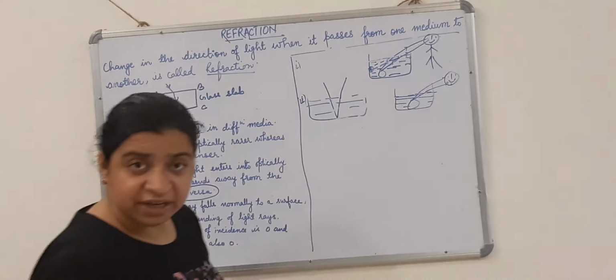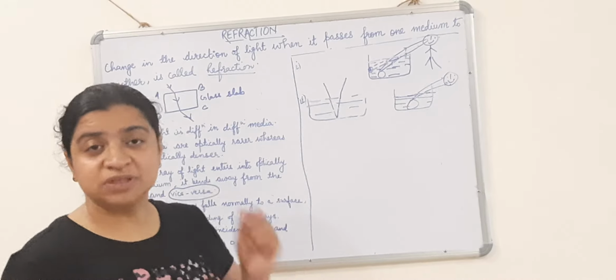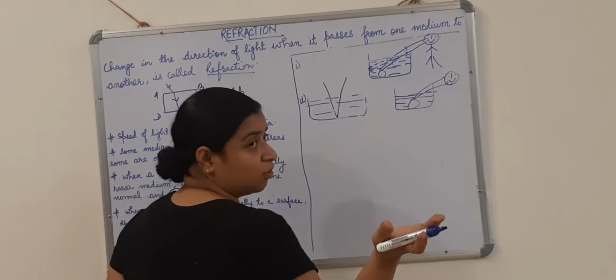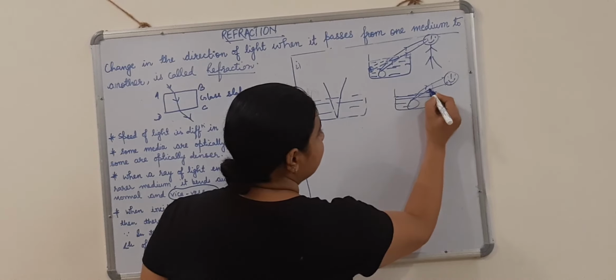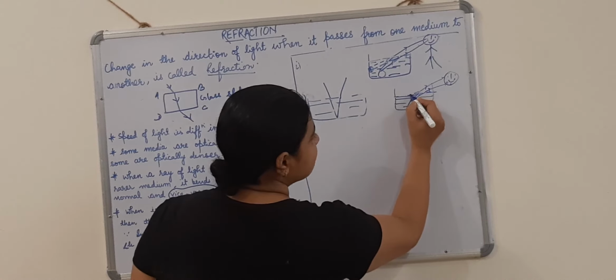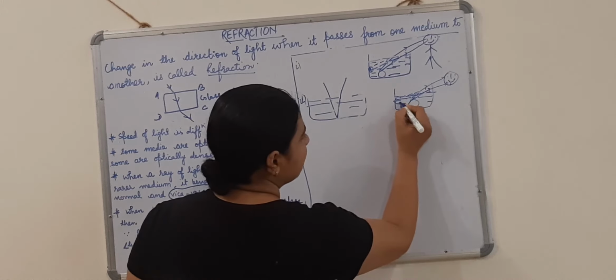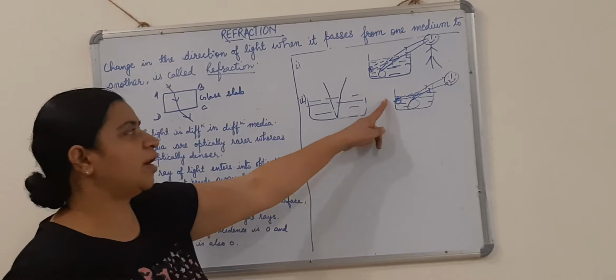So if they have not intersected anywhere, we won't be able to see the image on a screen. But you have seen how virtual images are formed: when these light rays are virtually traced back, we are able to see the image of the coin here.